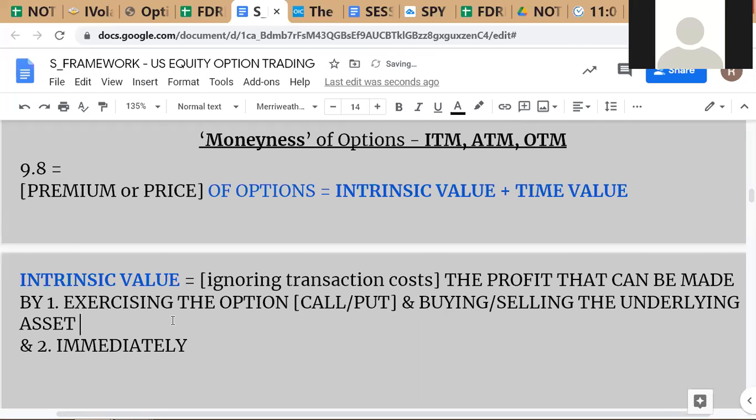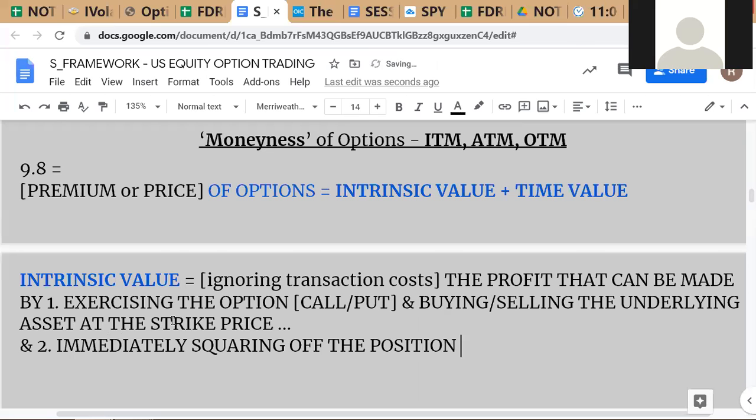Okay, and so we are recapping all our concepts at the strike price, and immediately squaring off of the position. Let's make everything very clear so there's no confusion here.